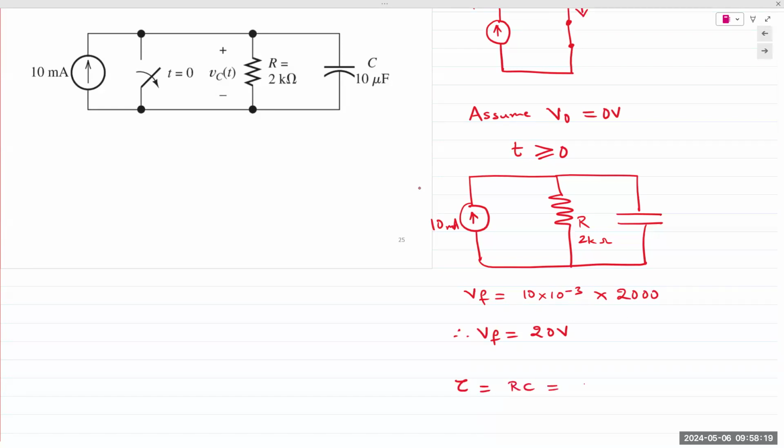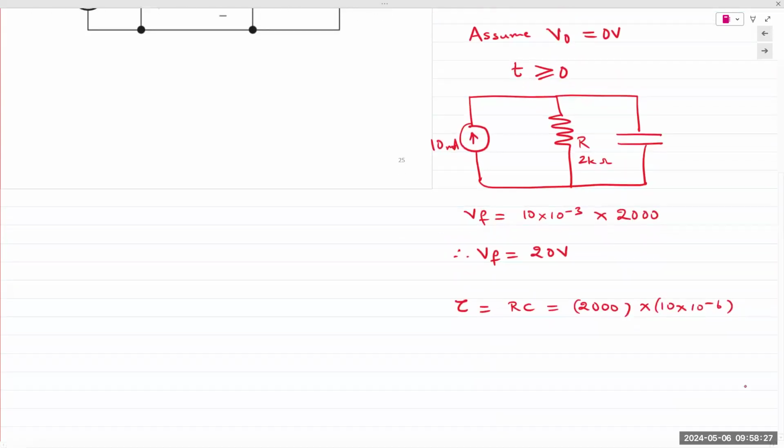So tau comes out to be some milliseconds. You have your initial values, your final values, and your time constant. Simply plug those into the equation.